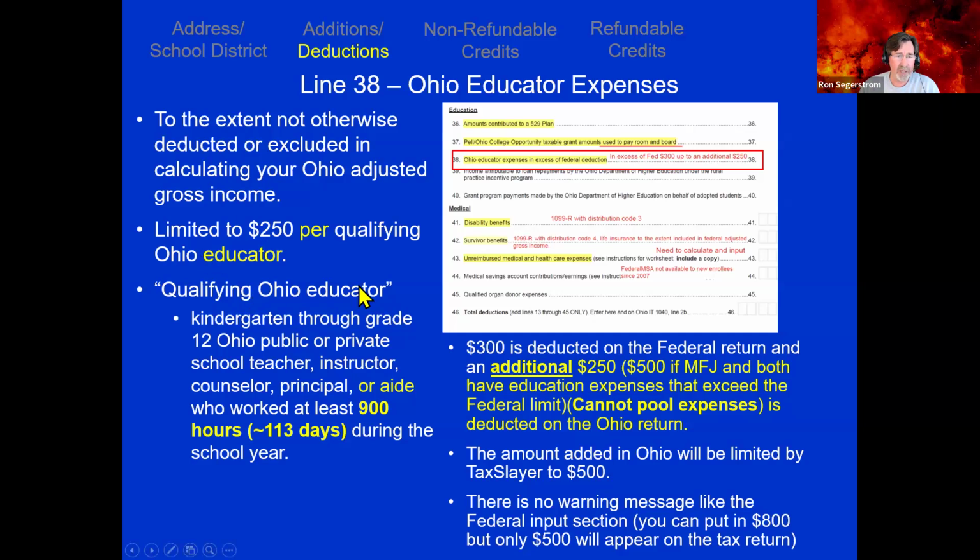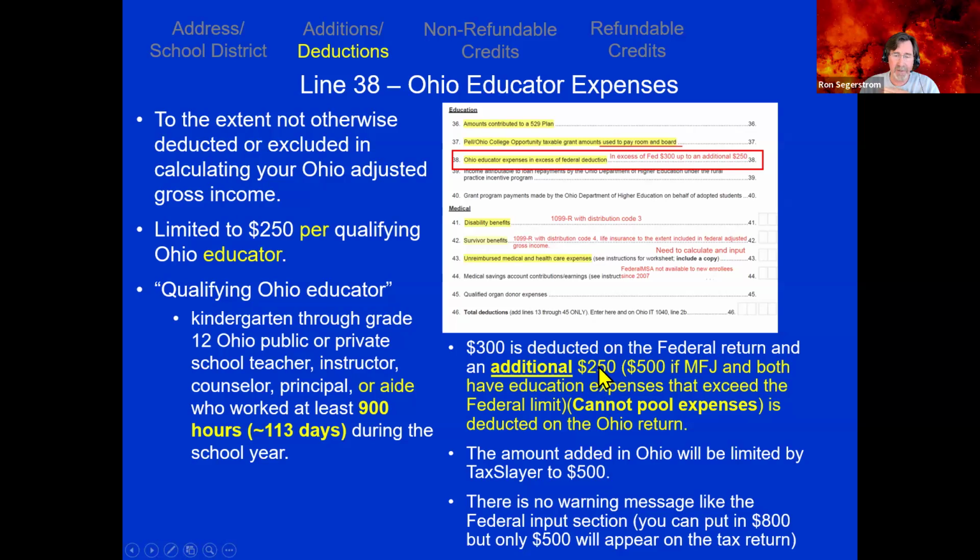A qualifying educator works 900 hours a year, which is approximately 113 days at 8 hours a day during the school year. So you can input that additional amount into the Ohio portion of TaxSlayer. You can input more than 500. Like if you put in an 800, only 500 will show up on the return.